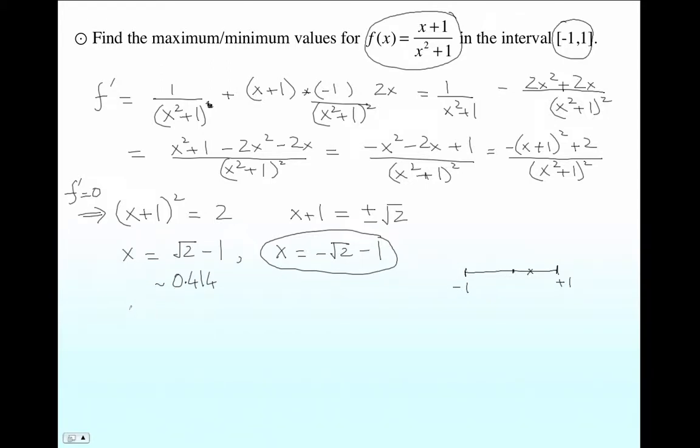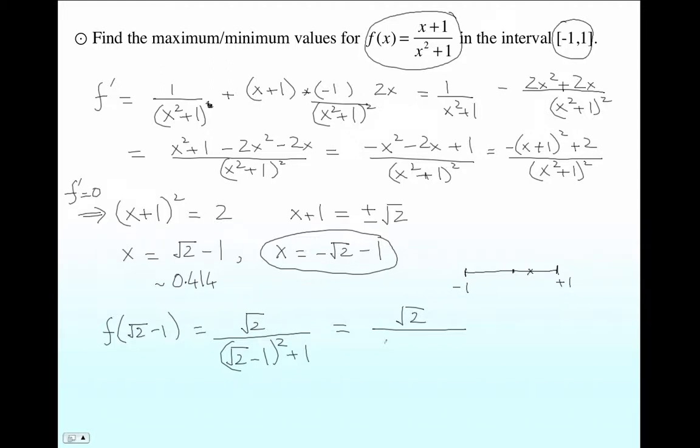Now, let's ask, what is the value of the function at that point? So f at this value, square root of 2 minus 1, let's look at the top. This is obviously, look over here, if we put x equal to square root of 2 minus 1, we get square root of 2 divided by square root of 2 minus 1 squared plus 1, and that's square root of 2.